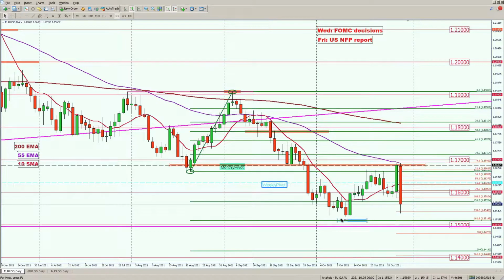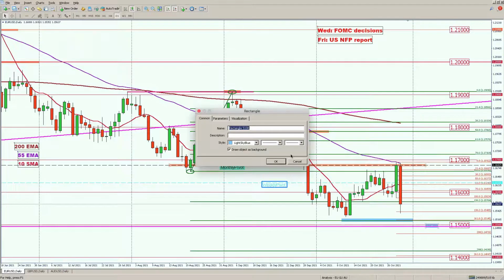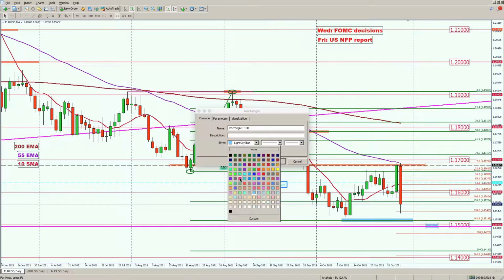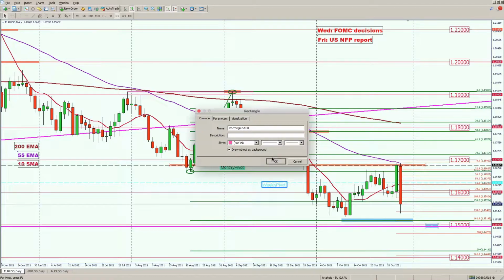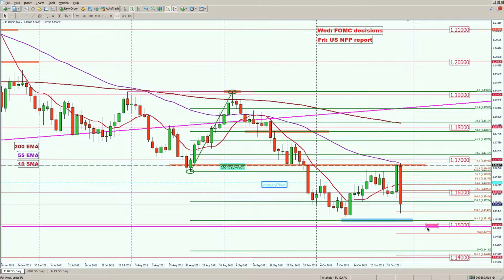This is going to be the first initial level of support, or this whole band is going to be a strong support zone. Let's add an interim target area.